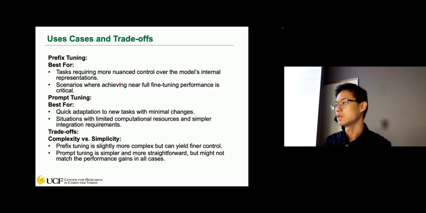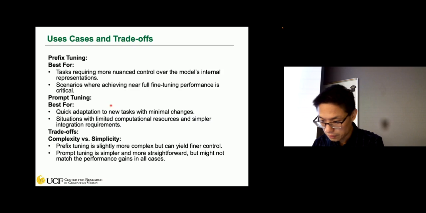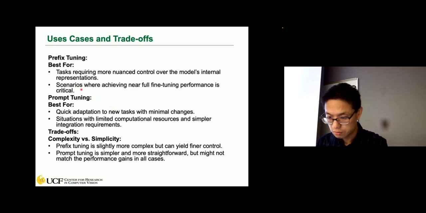So you may want to adjust the entire representation a little bit. This may also help you achieve near full-tuning performance, because we are adjusting each block a little bit, and that small adjustment may already be enough to achieve full fine-tuning performance.